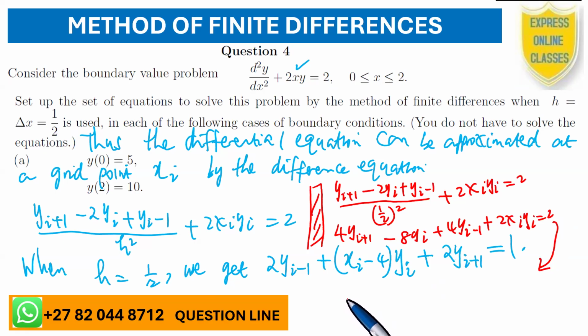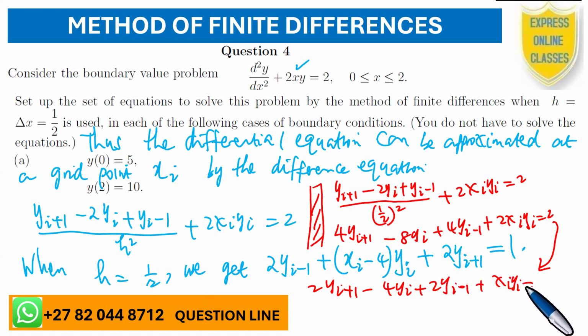So now in the end, you divide by 2. And if you do, you get 2 yi plus 1 minus 4 yi plus 2 yi minus 1 plus xi yi equals 1.